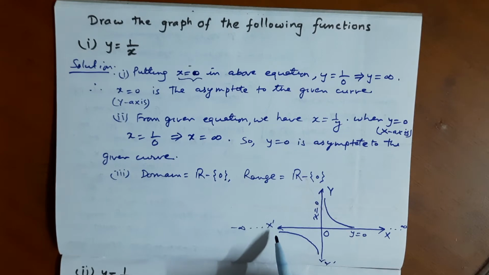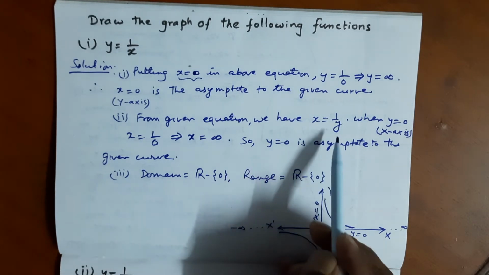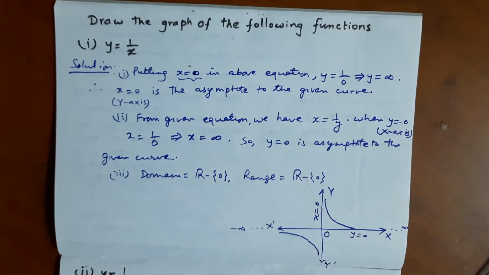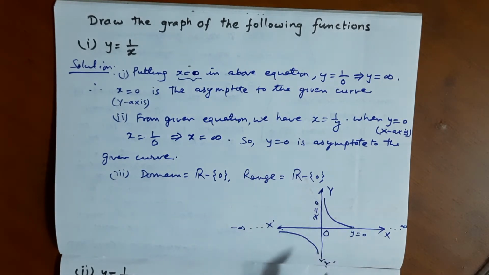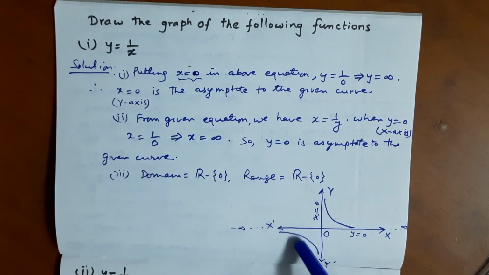When y equals minus infinity, down here at the very far end, at the time x equals 0, which means the y-axis. So the curve will be in the opposite quadrant. In other words, it is an odd function. An odd function is symmetric about the origin. So the curve of this will be of this nature.